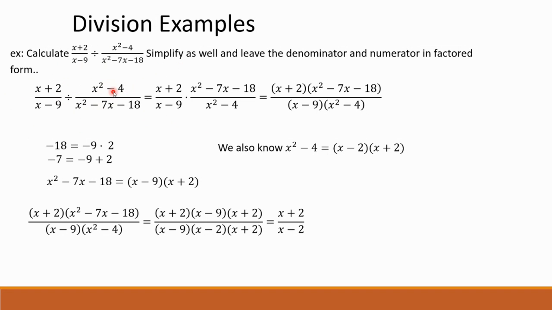Namely, we have to flip it, and then we just multiply, as we're doing here. That's what I'm doing from here to here. We flip it, we take the reciprocal, we get this. Now we multiply, and now when we multiply, we're going to get this.